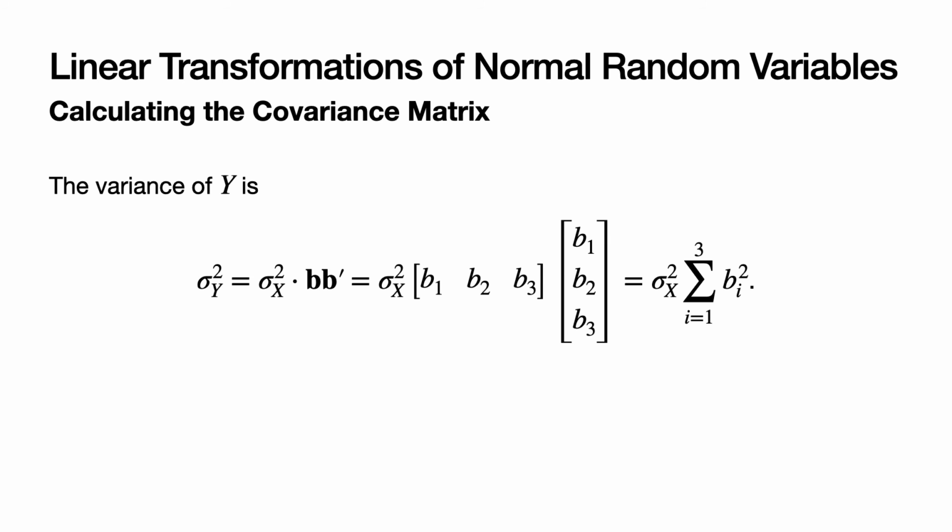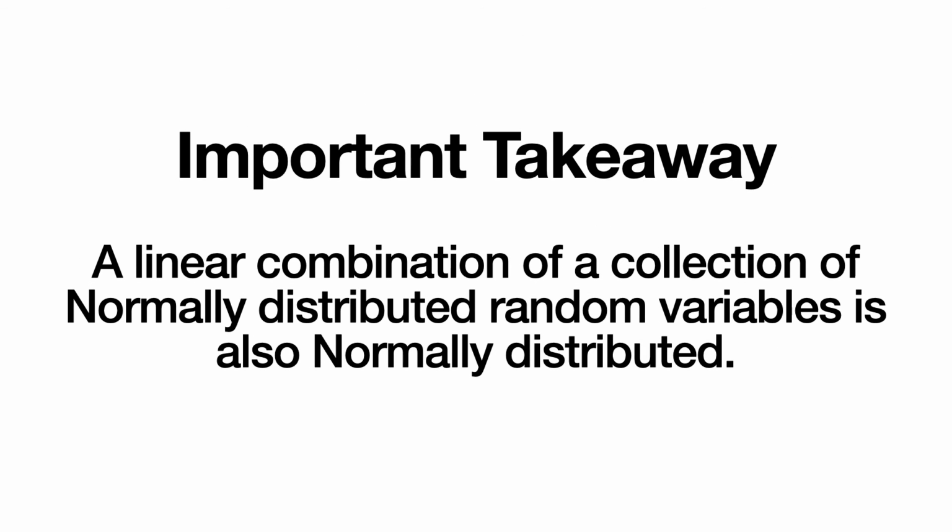So sigma squared sub x times the sum, i going from 1 to 3, of b sub i squared. Now, let's look at an important takeaway here. A linear combination of a collection of normally distributed random variables is itself normally distributed. And so that's a very important result that I want you to take away from all this.